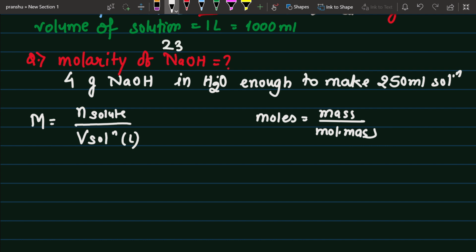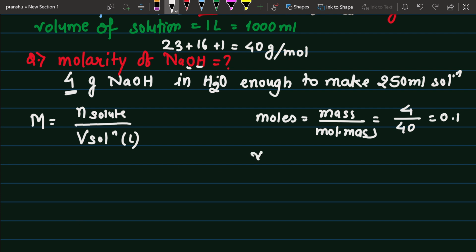NaOH: 23, oxygen 16 plus hydrogen 1 is equal to 40 gram per mole. Here the mass is given 4 gram, so 4 divided by 40 is equal to 0.1. Volume of solution is 250 ml, meaning 0.25 liter.